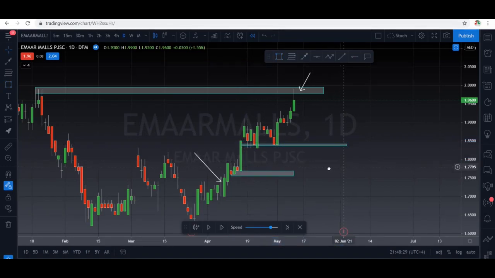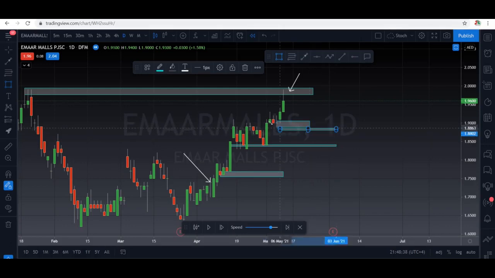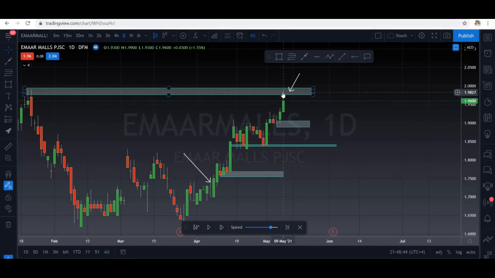This is a very important support area. This was the previous support. This is the new support now. Also, another support area is created right here because the market took a halt for 3 days and then it pushed to the upside. So this is how you take your trades based on price action.